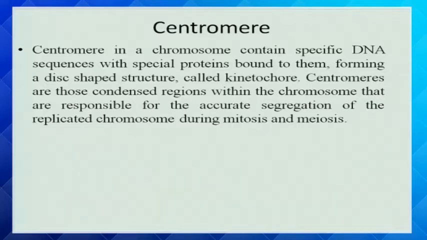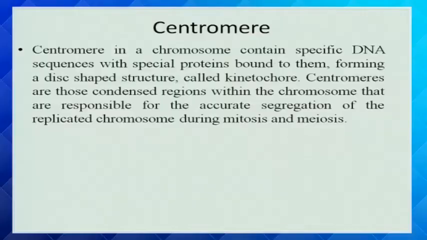What I mean by condensed is that they are packed together within the chromosome. They are responsible for segregation of replicated chromosomes. What I mean by segregation is the separation of chromosomes when they have replicated during mitosis and meiosis. So the centromere is very important during the separation.